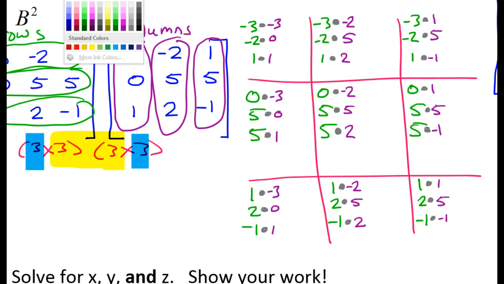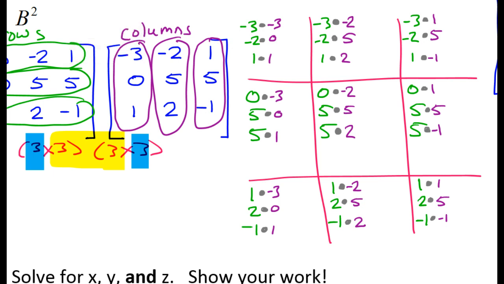Alright, and then we will multiply these together and add the result. I'll do one of them here in front of you to make sure you have it, but then I'll do the rest off camera. So negative 3 times negative 3 is 9. Negative 2 times 0 is 0. 1 times 1 is 1. If I add all these up, I get 10.